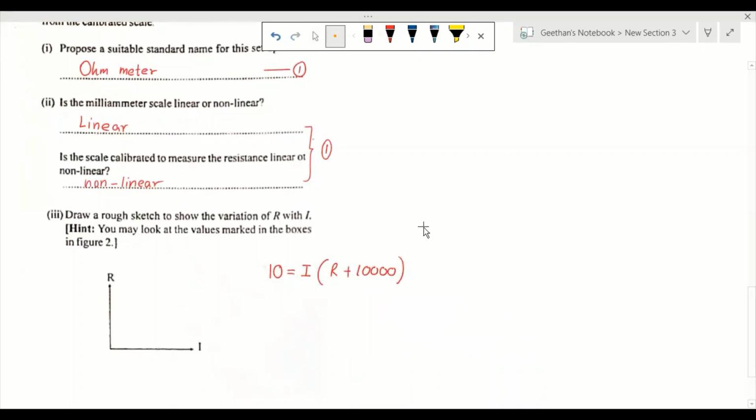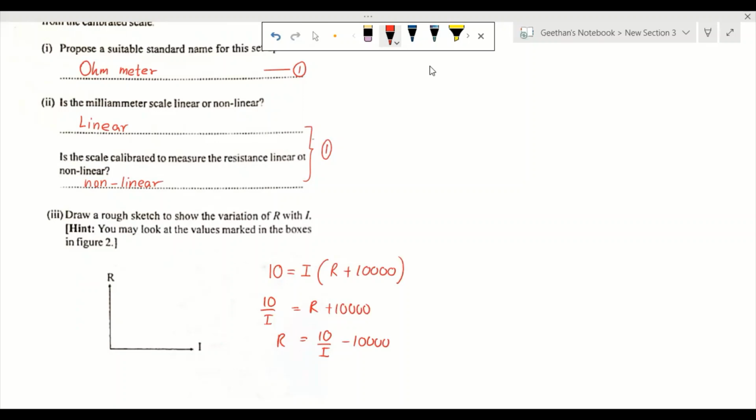Using this equation, we can judge what the graph will be. So let's make it a graph equation here. 10 over I is equal to R plus 10,000. So we can say R is equal to 10 over I minus 10,000. Let's substitute values to get a perfect graph here.